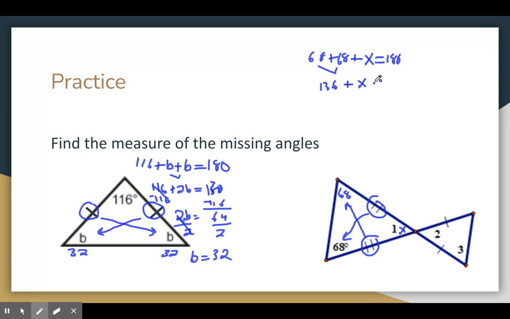So 136 plus x equals 180. We subtract 136 from both sides, and we get x is equal to, again, borrow. 10 minus 6 gives you 4. That's a 4. 7 minus 3 also gives you 4. So that means x would be 44.